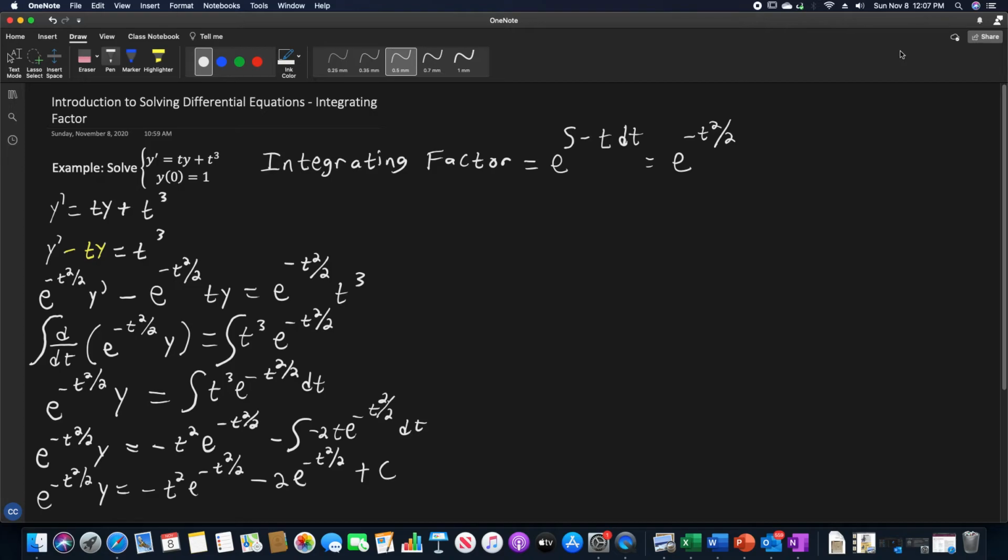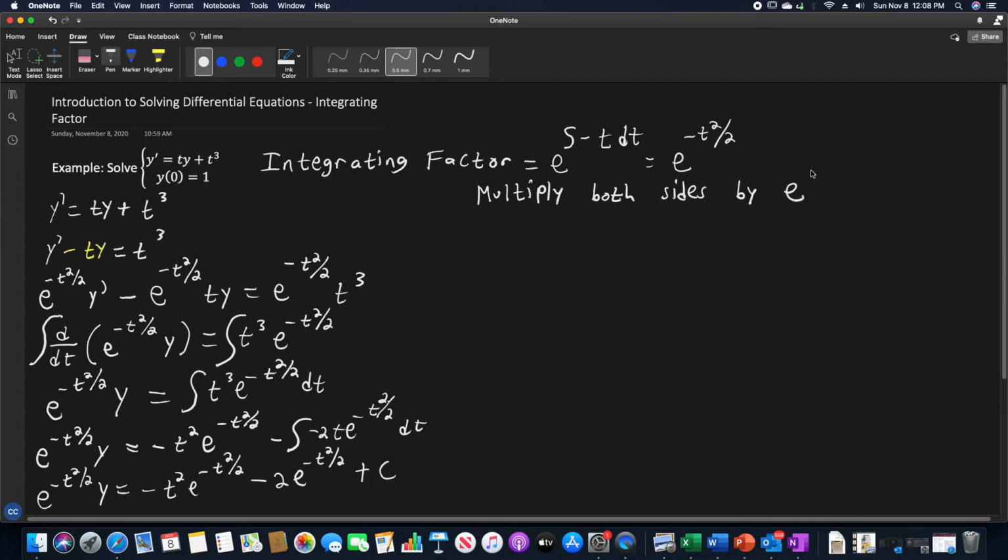Now, based upon this, we could multiply both sides by the positive e to the t squared over 2, so the positive version of this negative exponent. Because of lack of space, I'm just going to write multiply both sides by e to the positive t squared over 2.